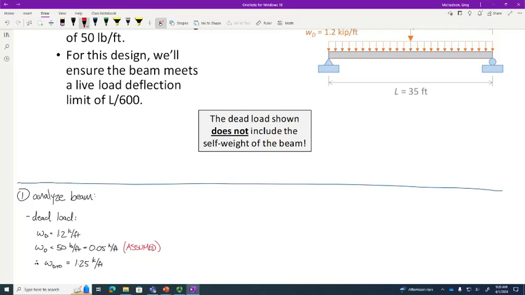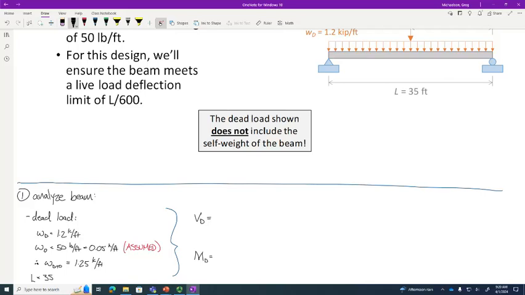Now, the beam is 35 feet long. Using these, I want to determine a worst case dead load shear and a worst case dead load moment.